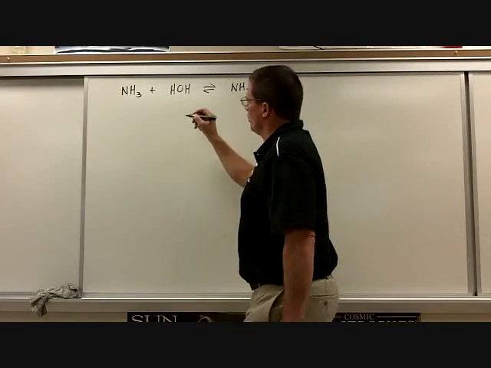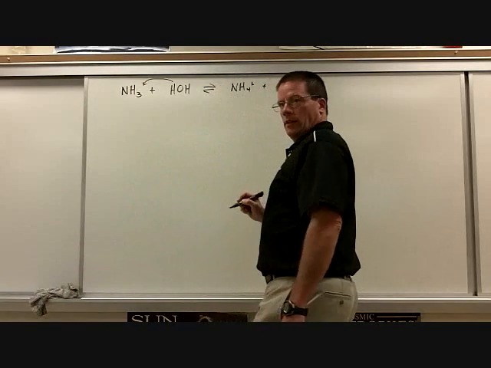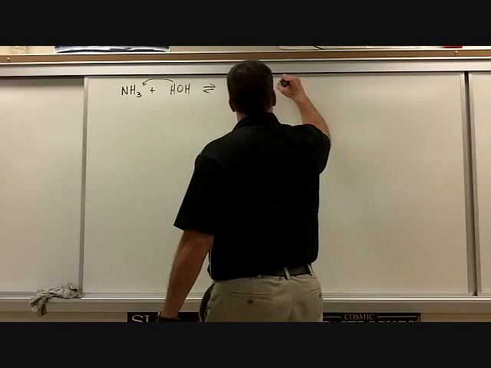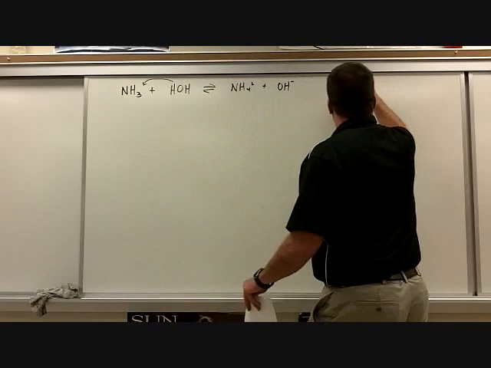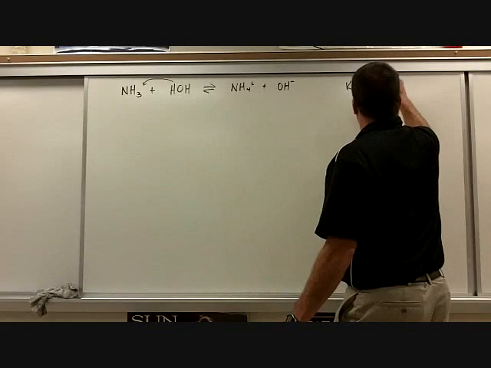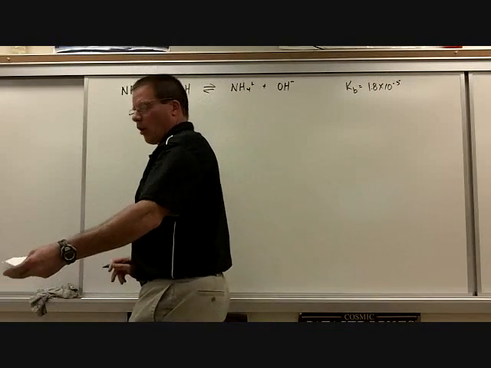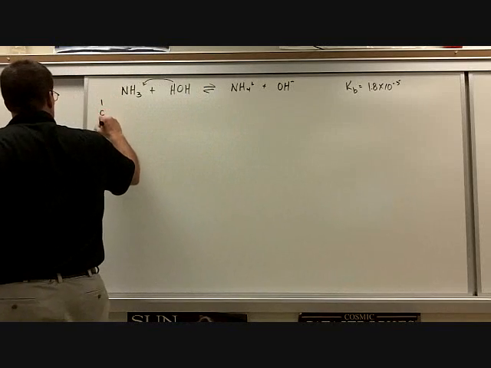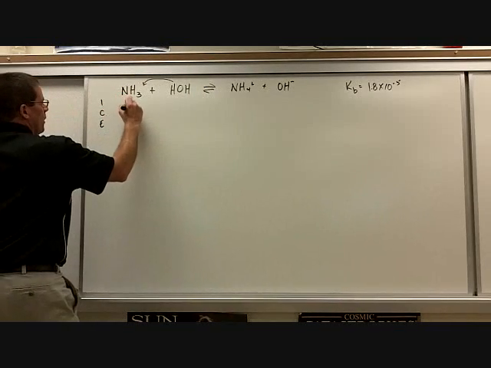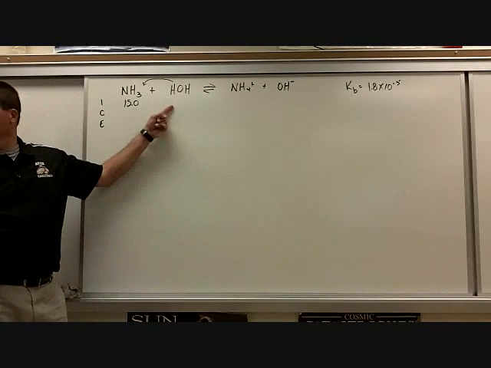And then, since we took the hydrogen off of here and put it there, OH, good. And the Kb has a value of, what's that, 1.8 times 10 to the negative 5. Okay. And we start off with an initial concentration for the ammonia at 15. What's my concentration for the water?